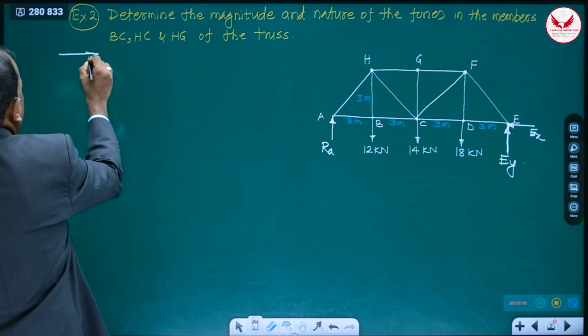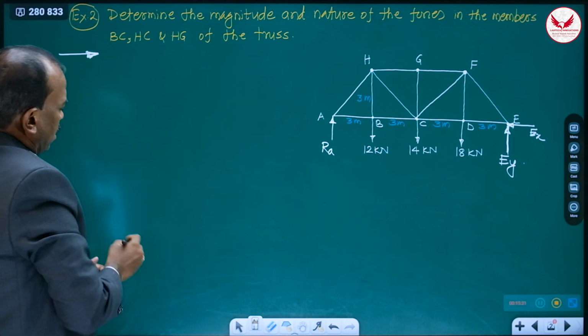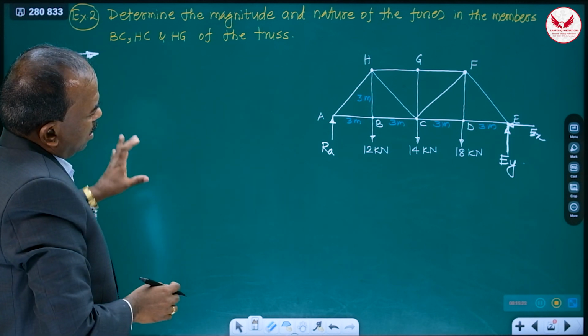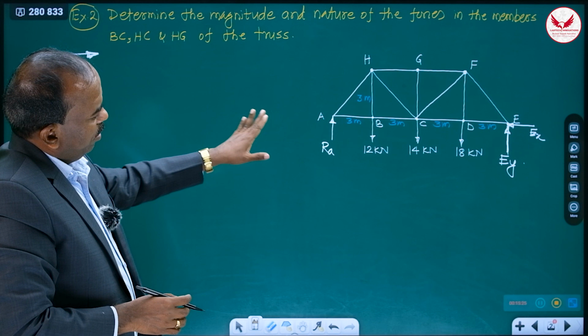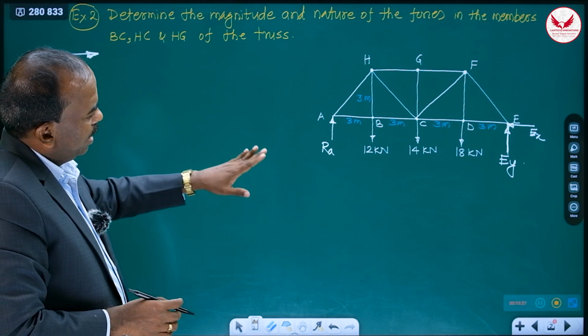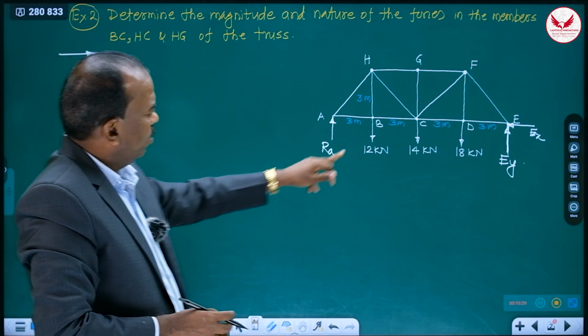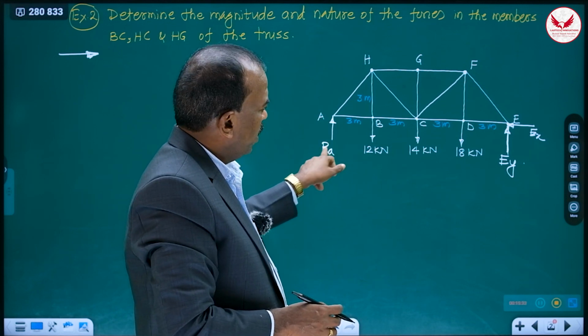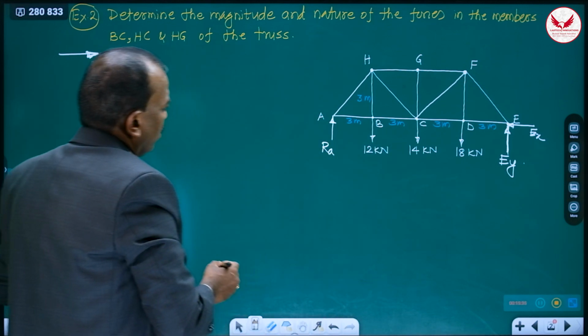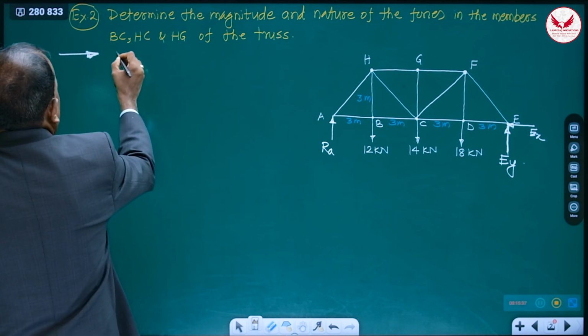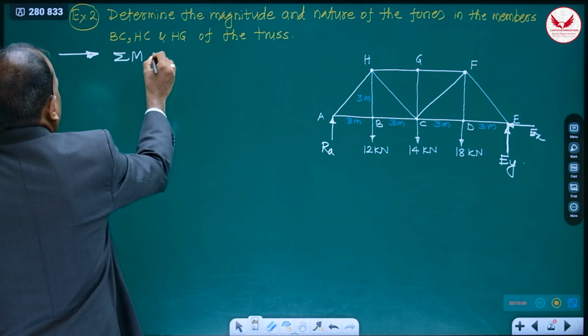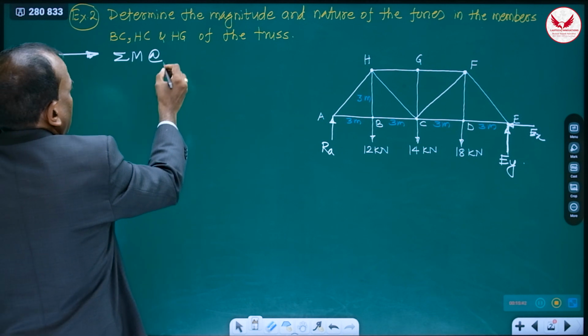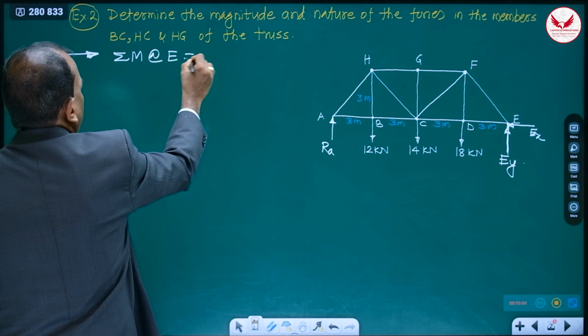If we have this free body diagram, at least try to get one of the reactions. Now the members are over here. It is better to get the single reaction component RA. Then what are we supposed to do? Take the moment summation M about E equal to 0.